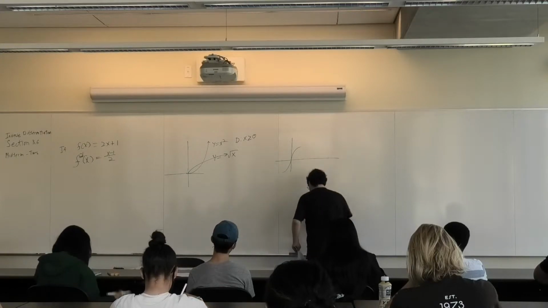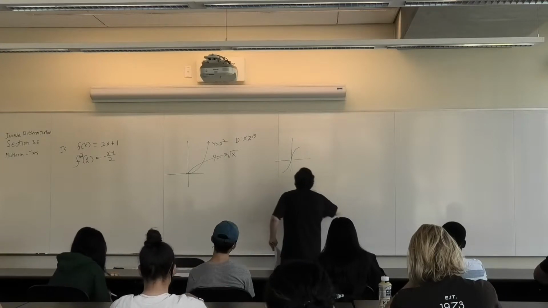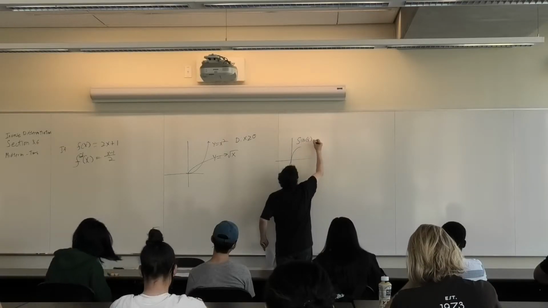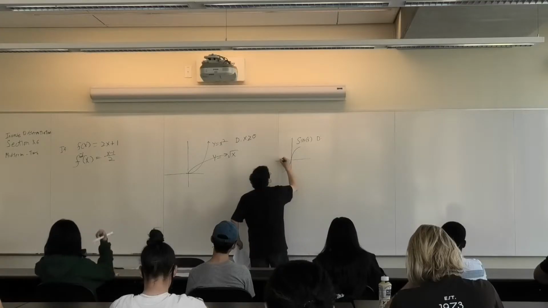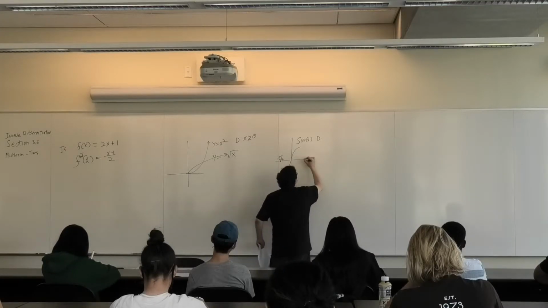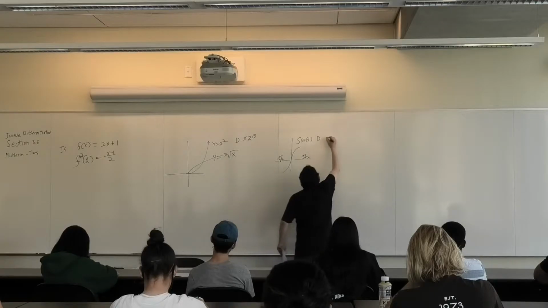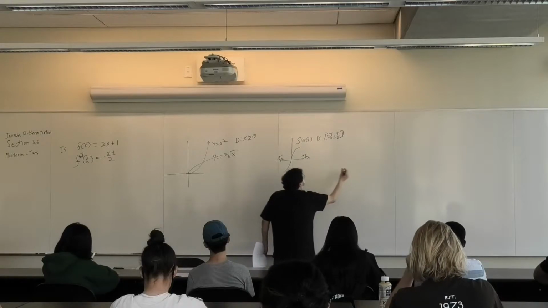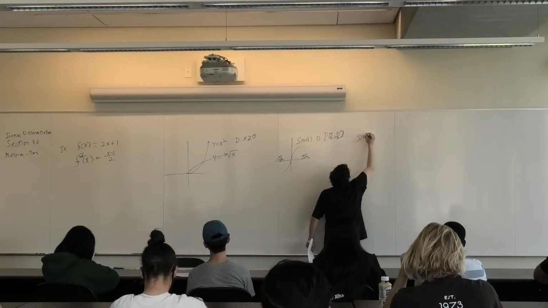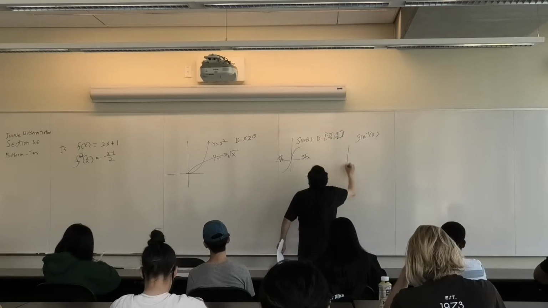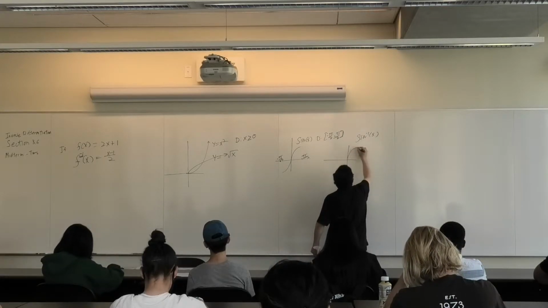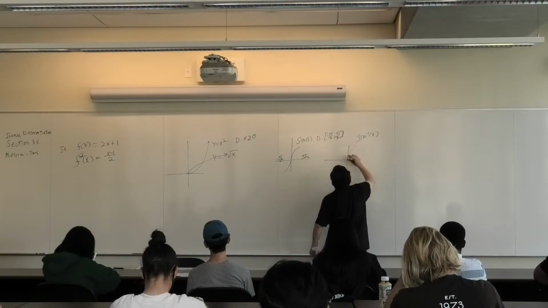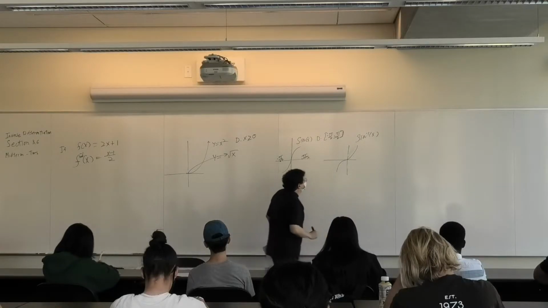And then we can have sine of x with domain negative pi over 2 to pi over 2. Now we can have an inverse function. It's going to look like that.